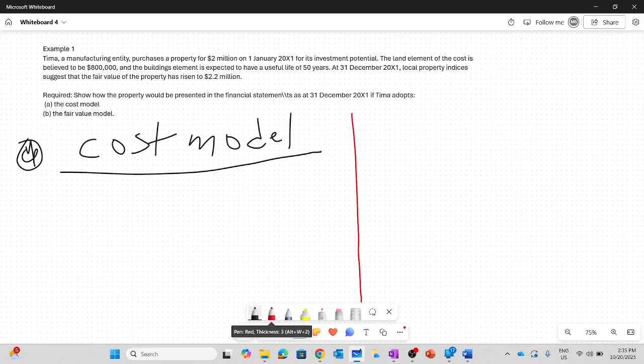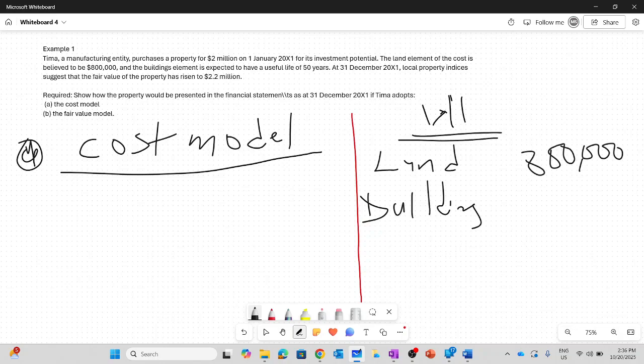Working one: we have the land element, which is 800,000, and the building will be 1.2 million.